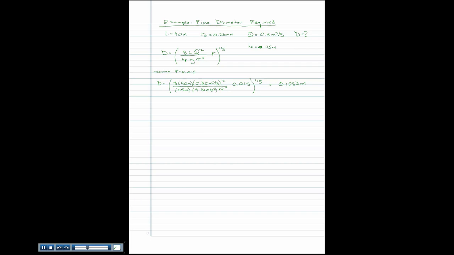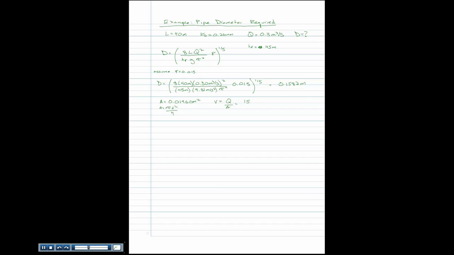0.1582 meters. Alright, well, if that's the diameter, then our area is going to be 0.01966 meters squared, just by using area is pi d squared divided by 4. And if that's our area, we can find the velocity of flow.